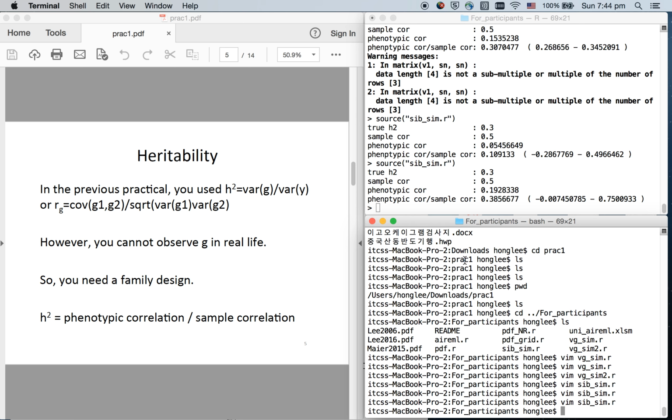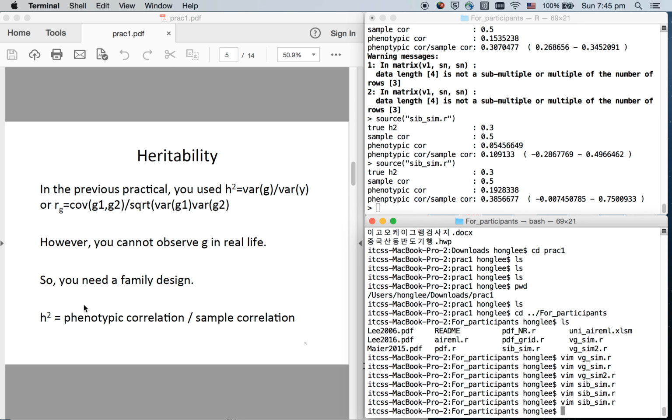In the previous practical, you used heritability equals actual genetic variance divided by phenotypic variance. Then you got the estimated heritability and compared it to the expected heritability, right? But in real situations, you cannot observe actual G. So you need a family design that I showed in the lecture.